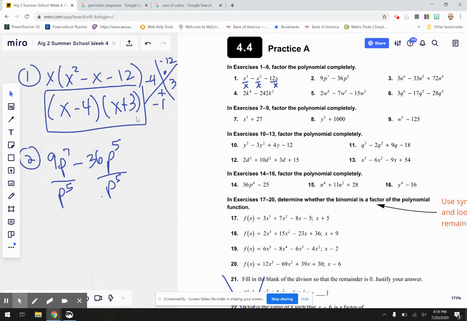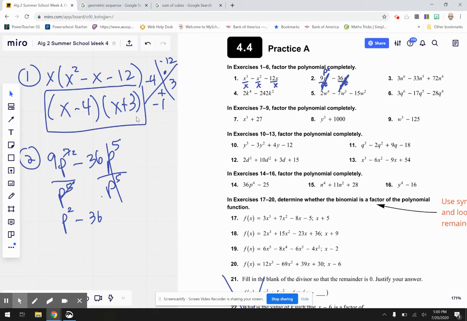I could actually show that to you up here, p5 and p5. These would cancel out, but you would still have p squared up here on the top because you had 7, you took away 5, now you've only got 2. Okay, so back over here, this would be p squared minus 36 because these will cancel out. 5 of these cancels with 5 of those, you'd still have 2 on top.